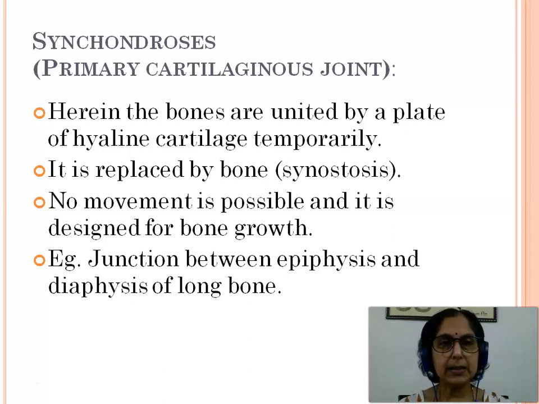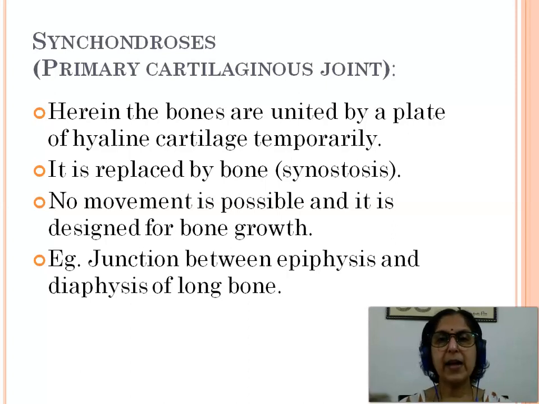This hyaline cartilage gets replaced by bone, and that process is called synostosis. No movement is possible here, and it is purely designed for bone growth. Bones which form by endochondral ossification, that is, where a cartilage model is present initially and that cartilage gets converted to bone.